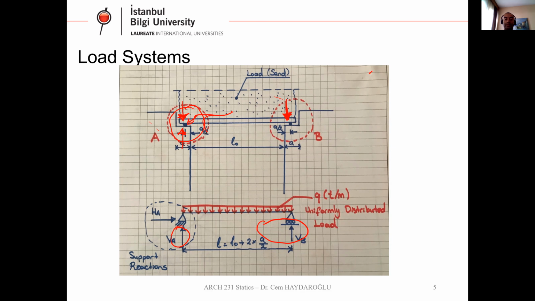At the left and right-hand side, we have supports. We convert them to triangles, as you can see at the bottom. So this is our model at the bottom.